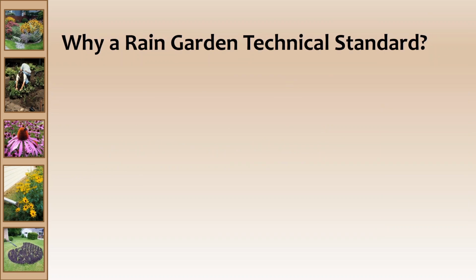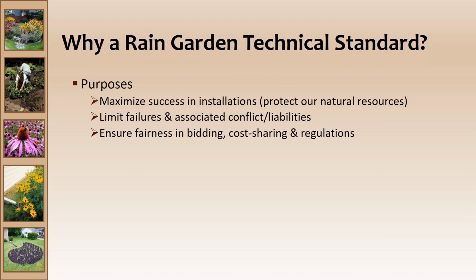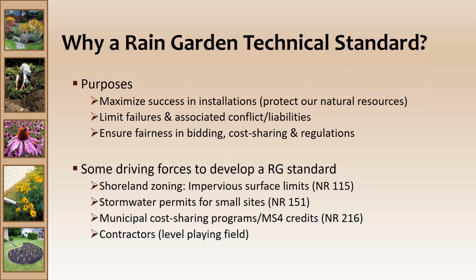So first, why work on a rain garden technical standard? Well, similar to all technical standards, the primary purpose is to maximize success in their installation and the protection of our natural resources, and on the flip side, to limit the failures and associated conflicts and liabilities that might come with that kind of work. And really it's about ensuring fairness in bidding processes, cost-sharing programs, and regulations. In fact, the regulations were some of the driving forces to develop the standard at this time.